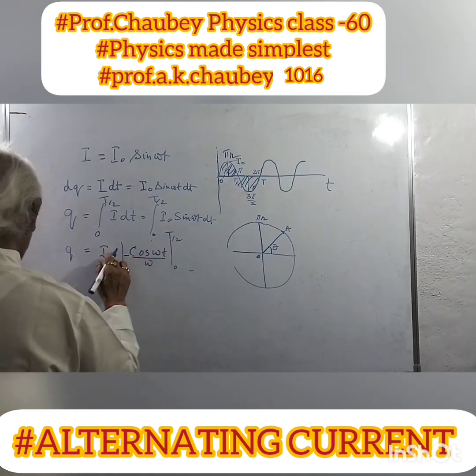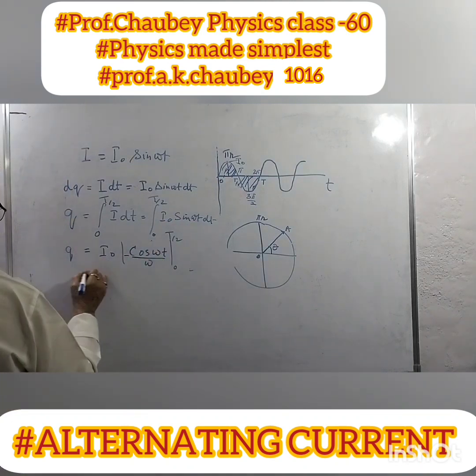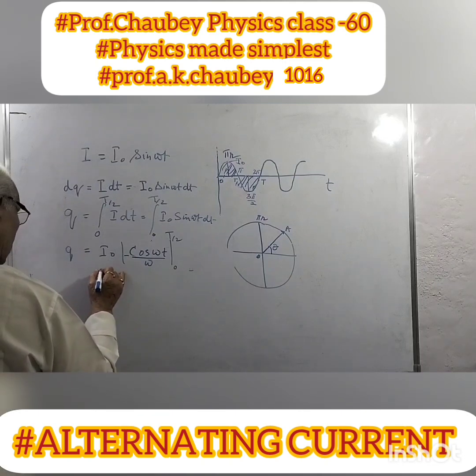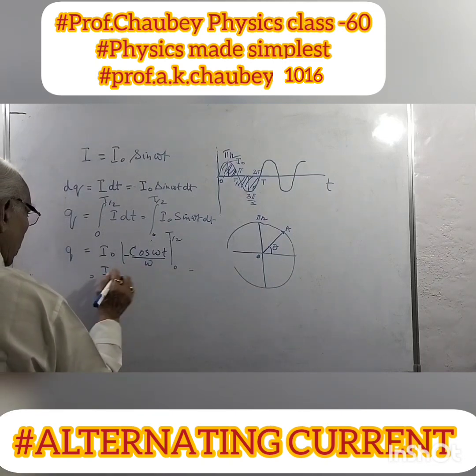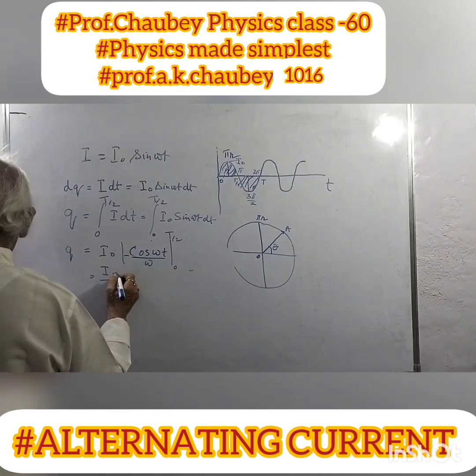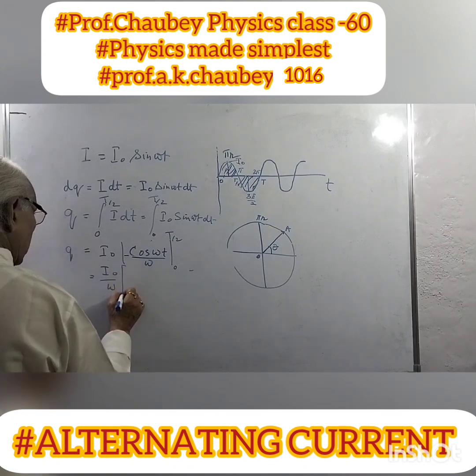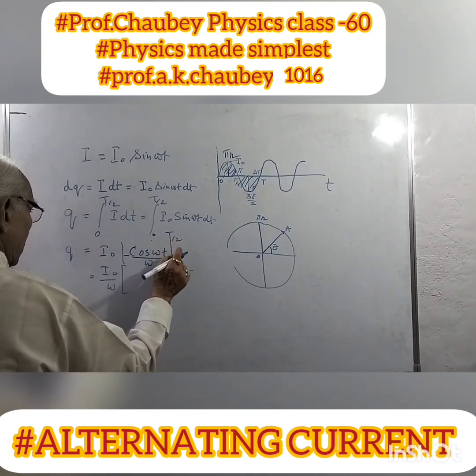So this is equal to I naught over omega, and you put the limits of time T by 2 and 0.